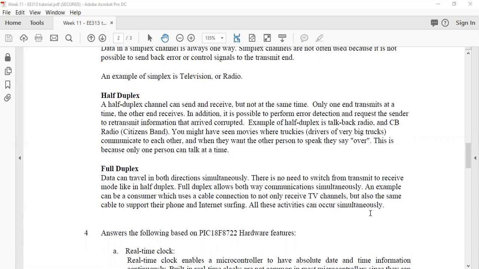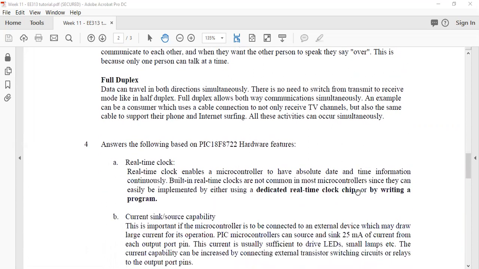You don't need to wait to either send or receive. You can simultaneously send and receive the data at both ends.